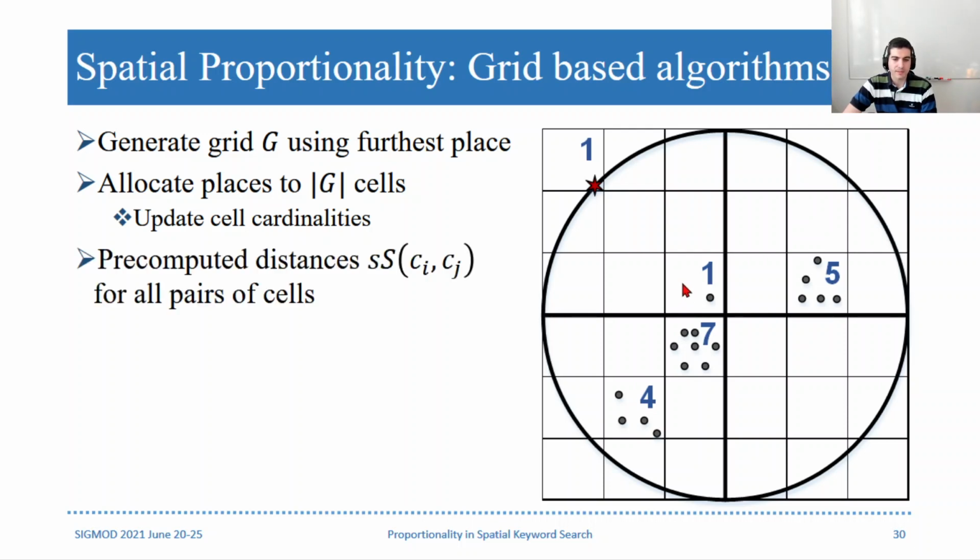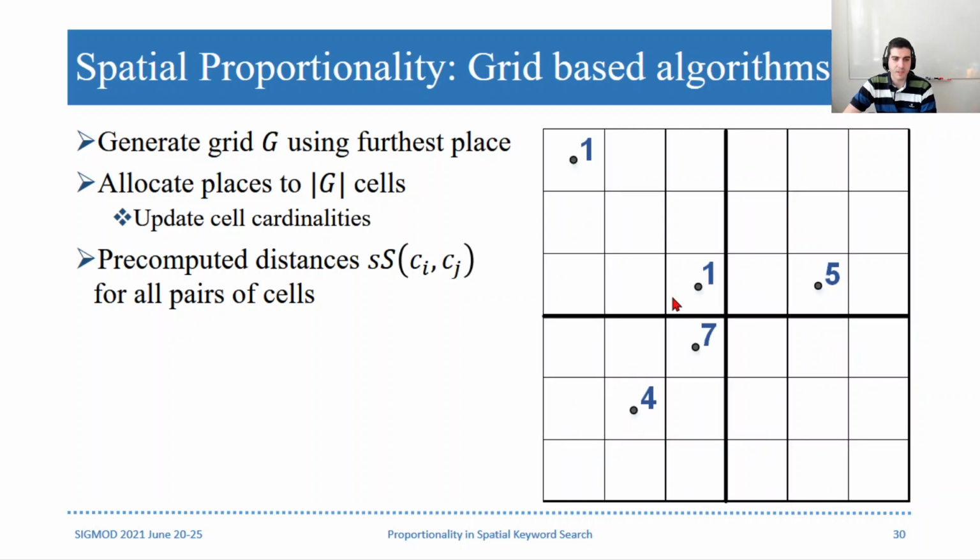All the pairwise Ptolemy's distances between cell centers can be pre-computed and also be readily available at runtime. That is because distance is not affected by changes in scale.